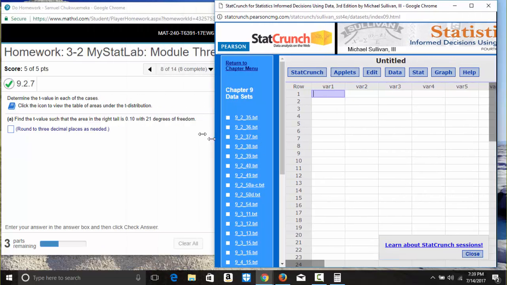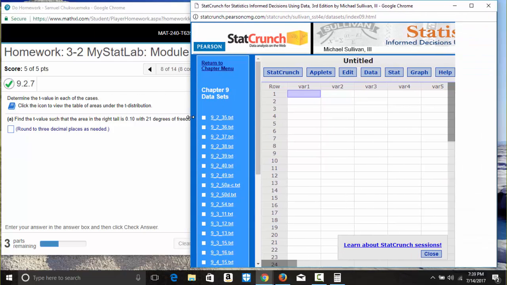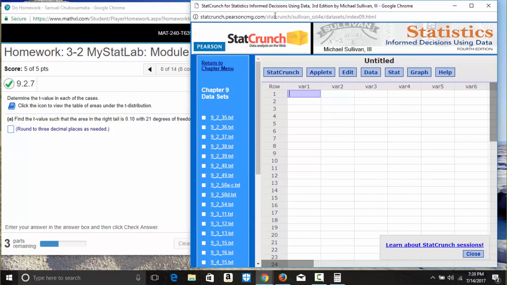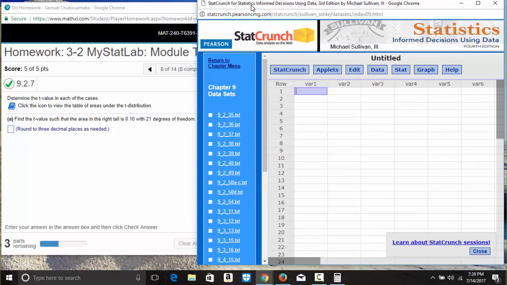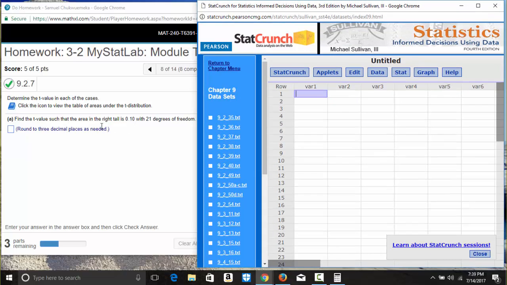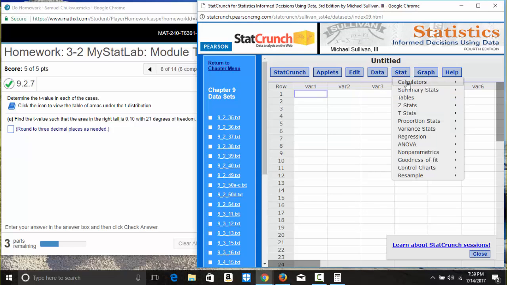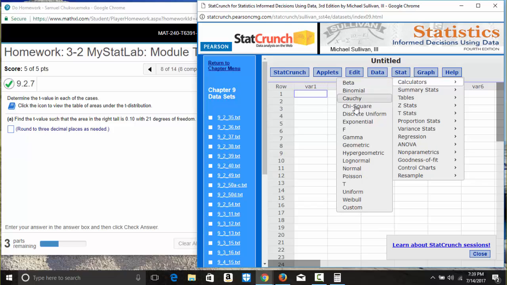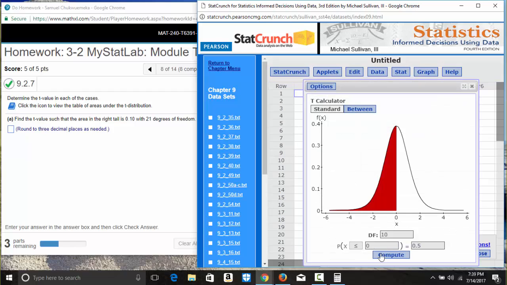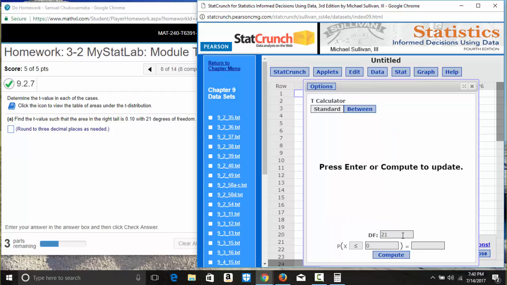The first one is right tail 0.10, 21 degrees of freedom. I come to Stat, I click Calculators, and I get T. Degrees of freedom is 21.